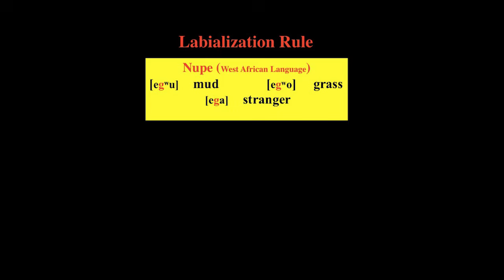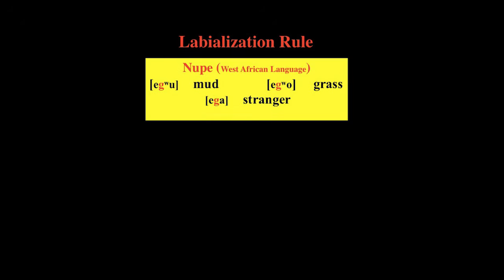That's the case for Nupe language, as you can see in front of you. Now, you will notice that the g sound is normal in the word stranger. They say ega. But if they want to say a mod in this language, they say egu. If they want to say grass, they say ego.